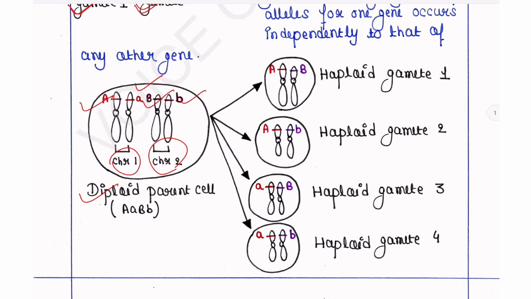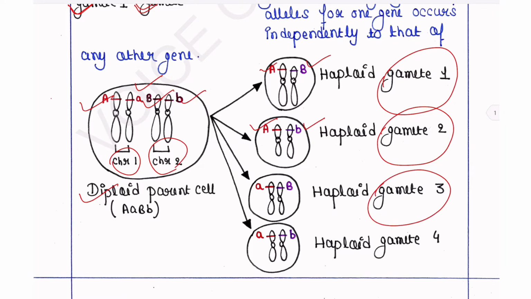After the gamete formation, 4 different types of gametes are produced here. So this is gamete 1, having capital A and capital B alleles. Gamete 2 has capital A and small b alleles. Gamete 3 has small a and capital B alleles. Gamete 4 has small a and small b alleles.